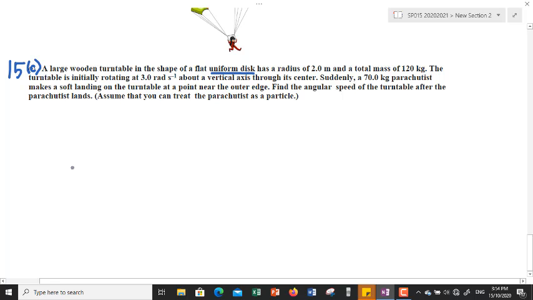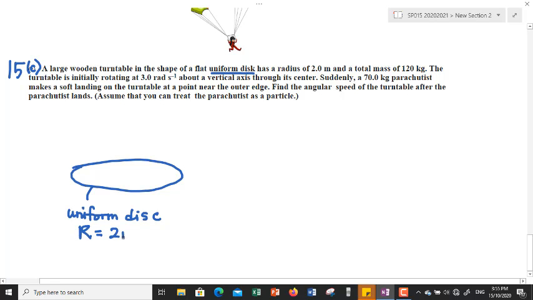So I visualize it. We have a turntable. The shape is a uniform disc, whereby the radius is 2 meters and the mass is 120 kg.